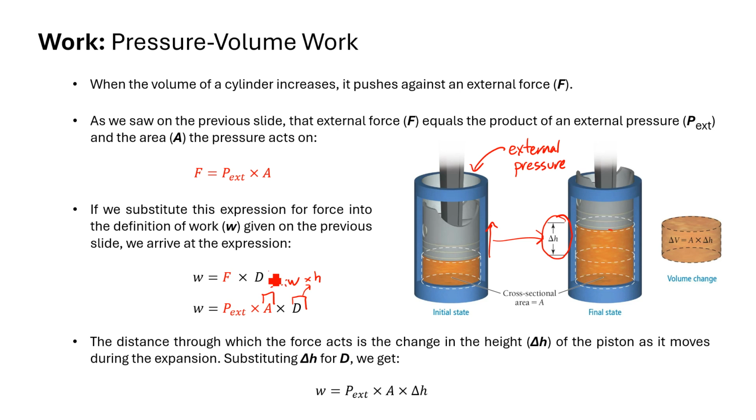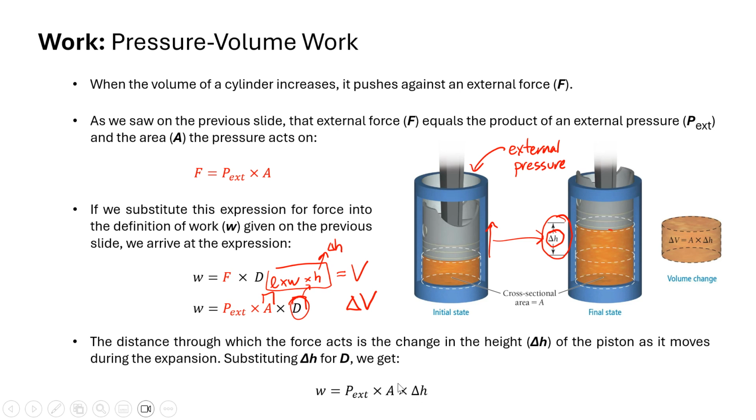And you guys know what length times width times height is. That's a volume. So, bottom line is, if you have a change in volume, which is basically what this is, because distance we're defining as some change in height, delta H. So the work is actually equal to the external pressure times area times the change in height.